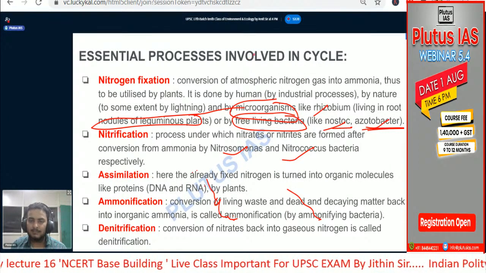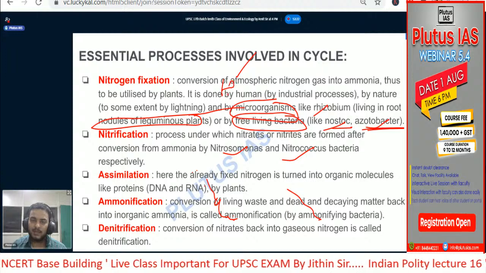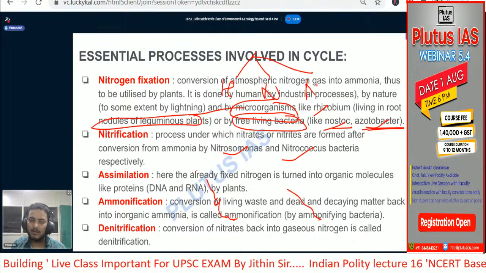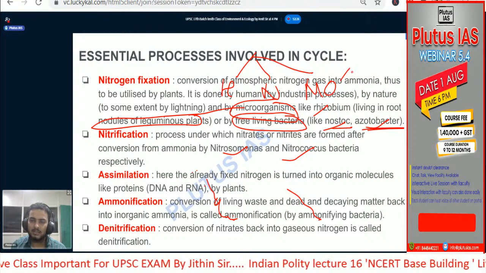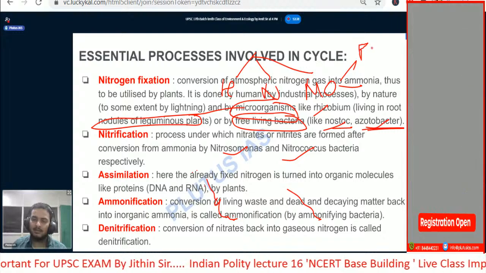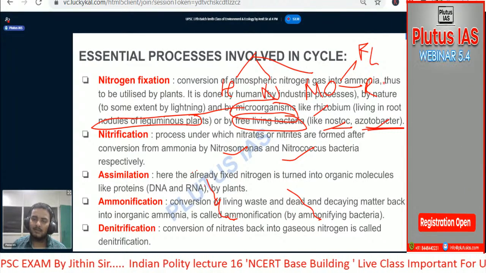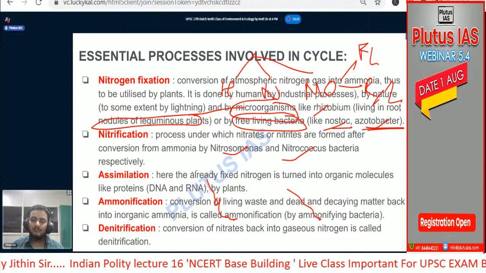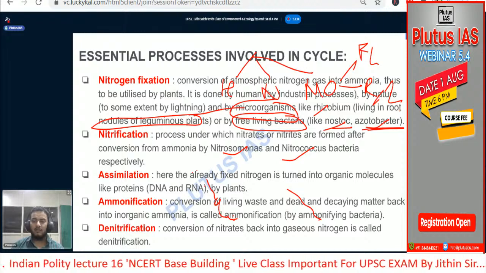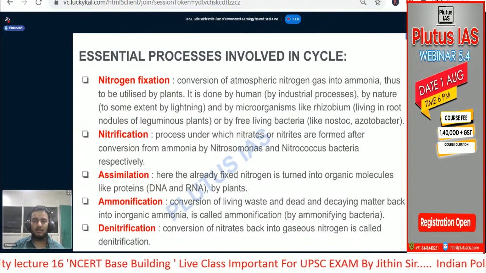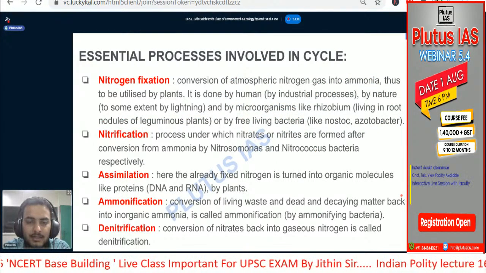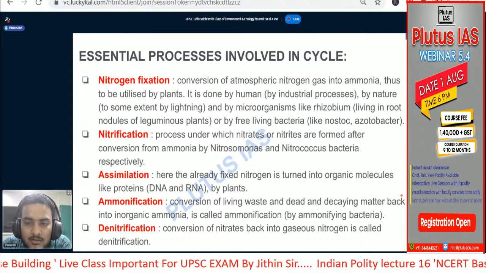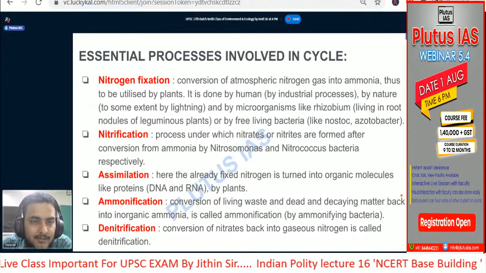So the first three parts of fixing nitrogen by humans, nature, and microorganisms are done. They are of two kinds: the free living and the rhizobium living in root nodules. Now we are moving to the second process.